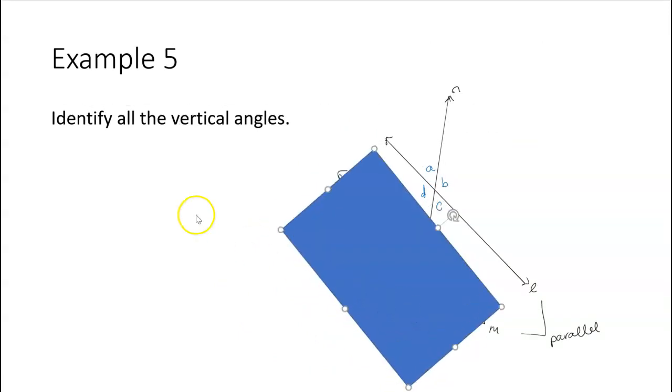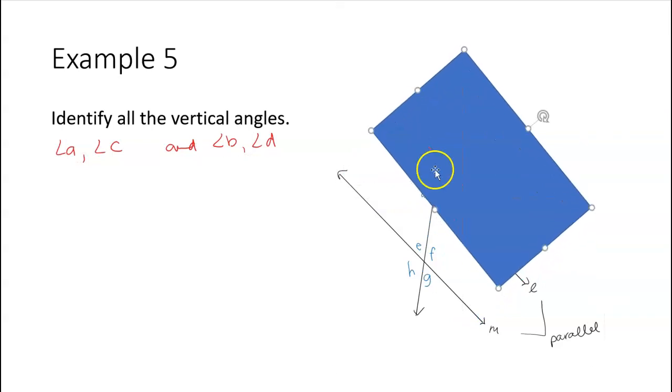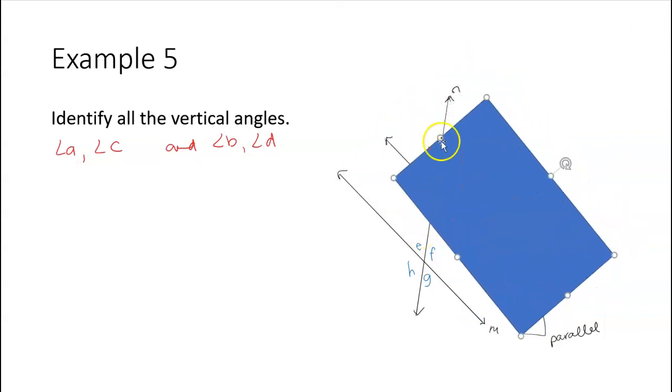Here are two lines that have met, line L and line N. When those two lines met, they made these four angles, and A and C are vertical, and B and D are vertical. Now we can also look at this side over here. When lines M and N met, E and G are vertical, and H and F are vertical, because those are opposite sides.